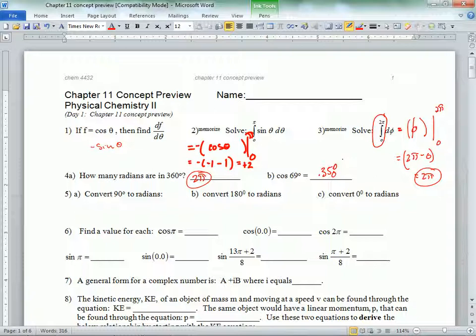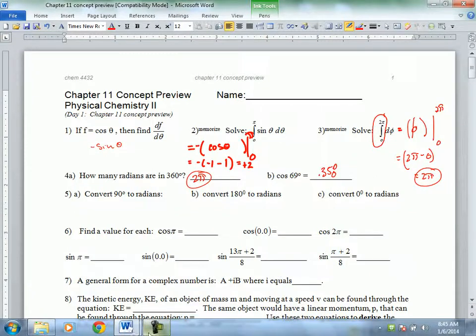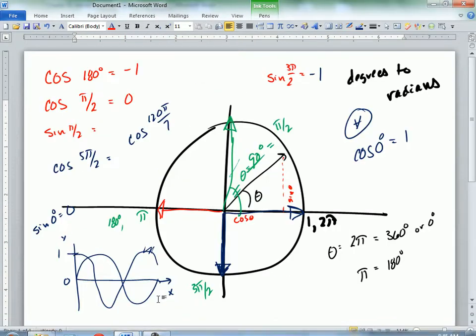Convert 90 degrees to radians. How many radians would that be? You can either calculate it or remember the unit circle. Maybe pi over 2.